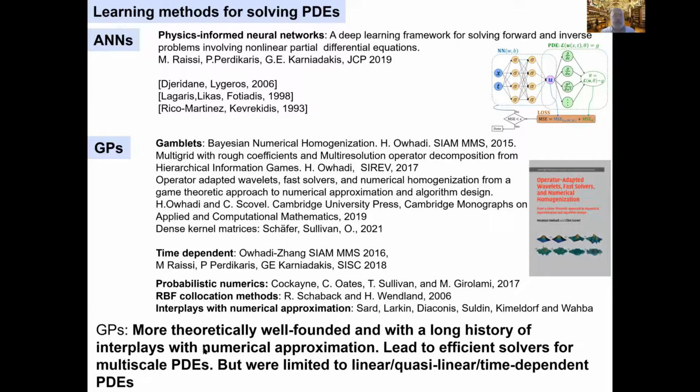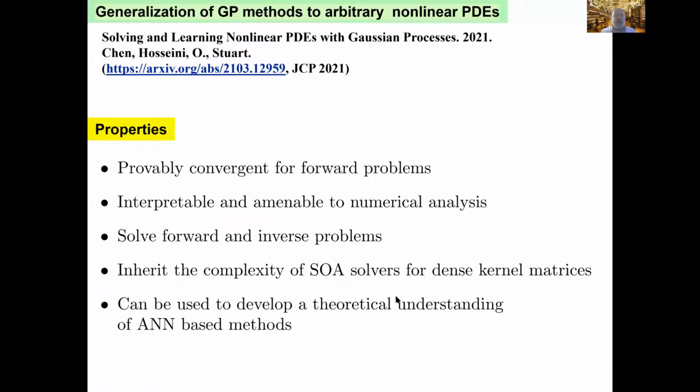Although the Gaussian process approach is more theoretically well-founded and has a long history of interplays with numerical approximation, it was essentially limited to linear, quasi-linear, or time-dependent PDEs. So what I will describe in the first part of this talk is a generalization of the GP approach to arbitrary nonlinear PDEs.